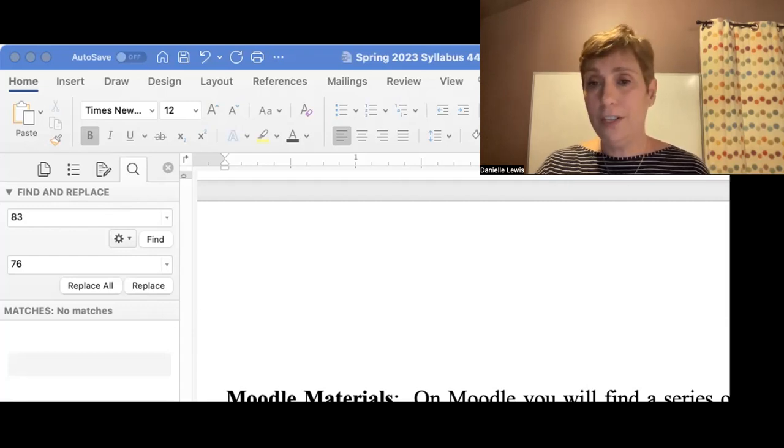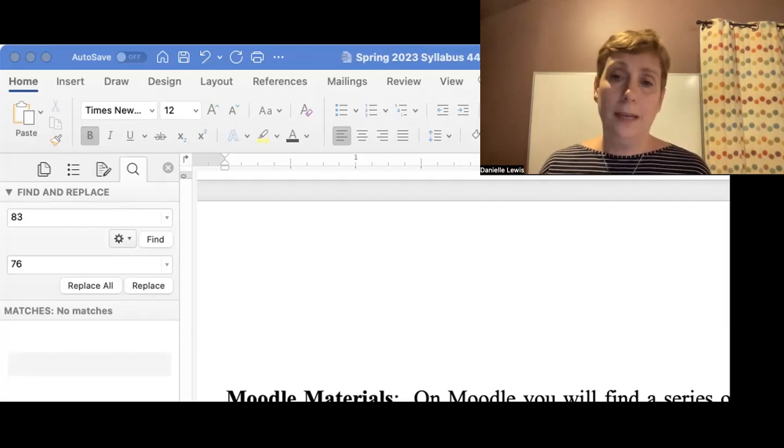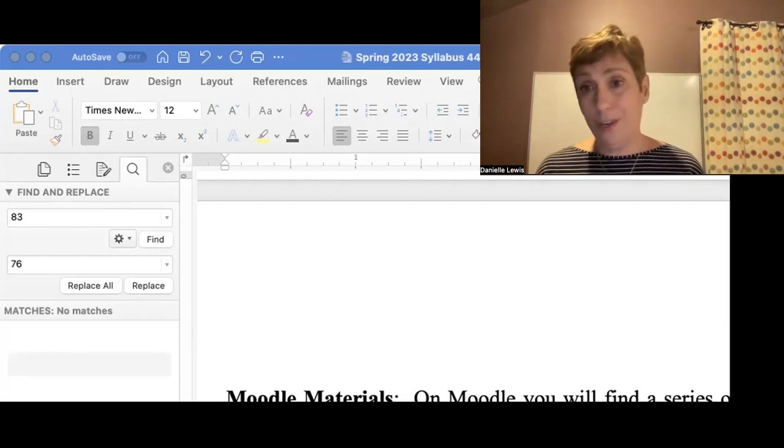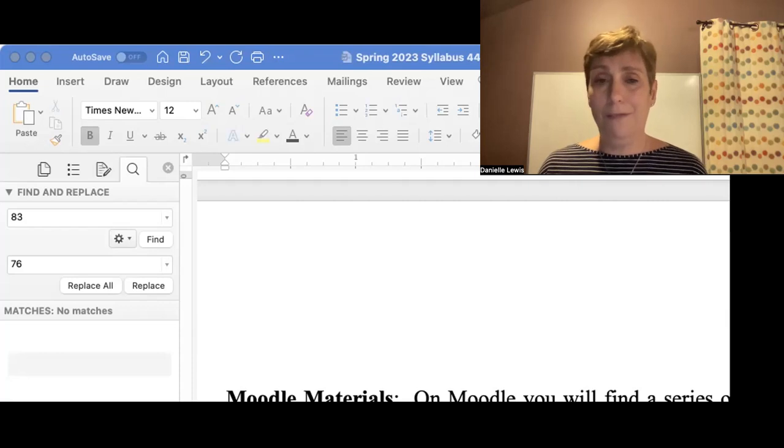So this first chapter has to do with international trade, licensing agreements, the decision to franchise, and the decision to get a joint venture with another company to help out.